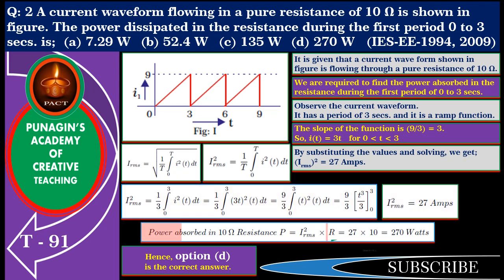But the power absorbed in the resistance of 10 ohm, P, is equal to I_RMS squared into 10. And by substituting the values and solving, we get P is equal to 270 watts. Hence, option D is the correct answer.